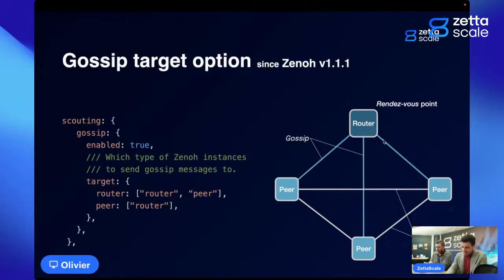If you look on the right, the gossip protocol will happen on the blue links, but no gossip protocol will occur on the white links, as the peers are not supposed to send any gossip message to other peers. And when the number of peers increases, you are saving a lot of traffic and treatment.